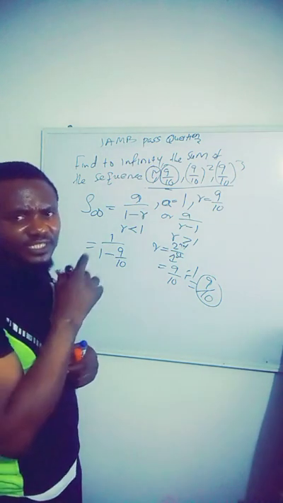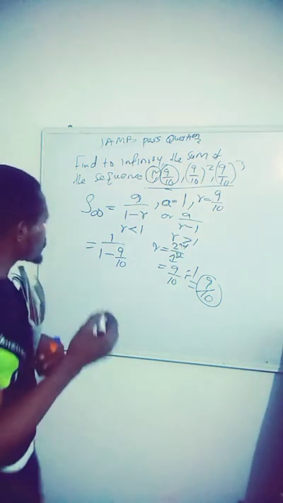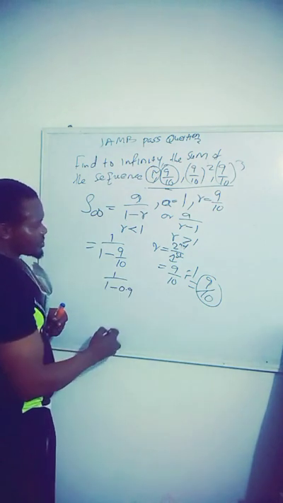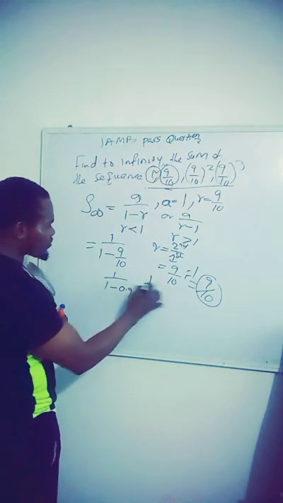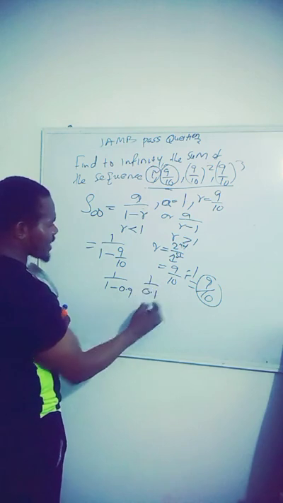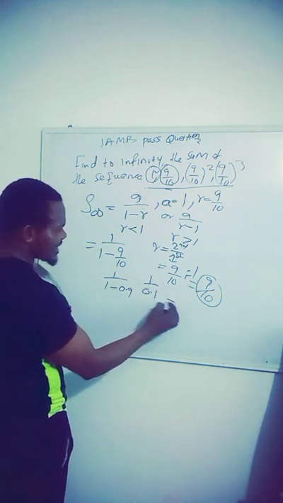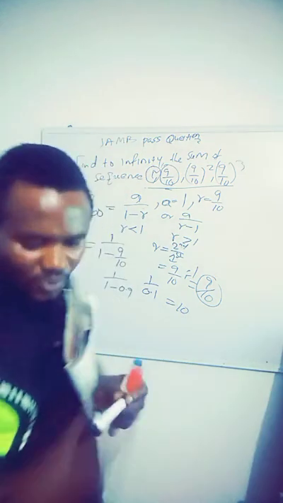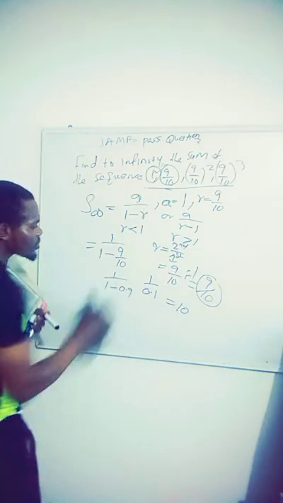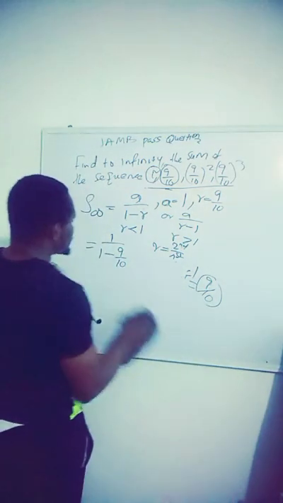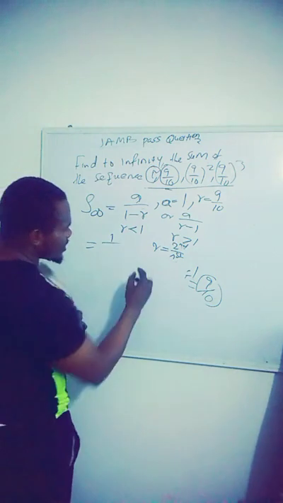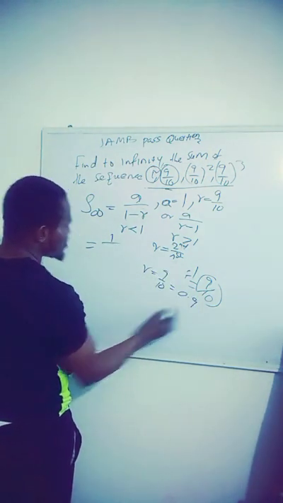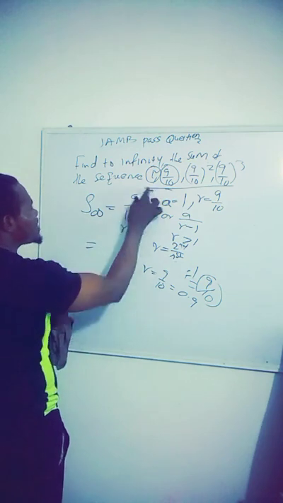If you are solving this with a calculator, you just say 1 over 1 minus 0.9. So 1 over 0.1, 1 divided by 0.1, that is 10. So I hope this one too is faster. You can also do it this way. Use your calculator so that you will not waste your time. Instead of 9 over 10, use 0.9.